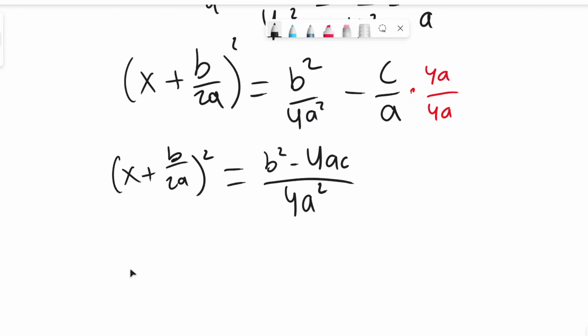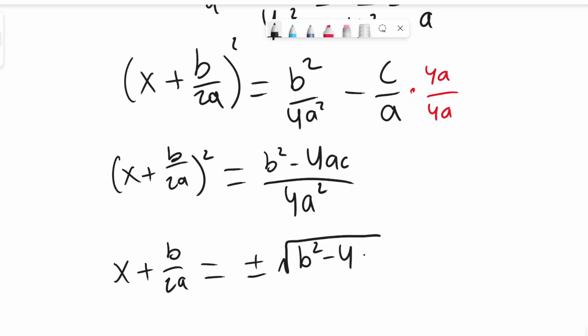So doing that, we get x plus b over 2a equals plus or minus the square root of b squared minus 4ac all over 2a, because you can take the square root of this.